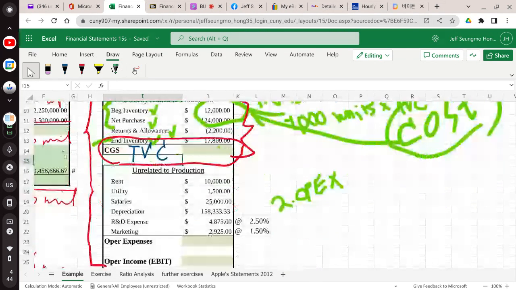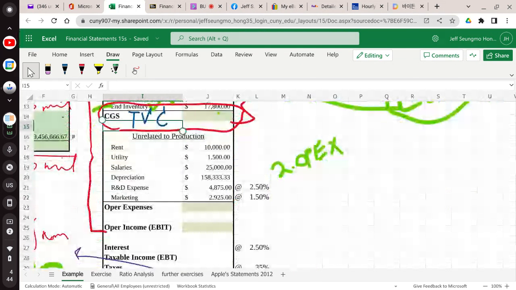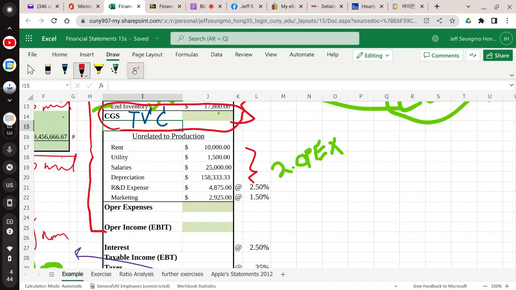Okay, and in this section of indirect cost, OPEX is the conclusion, right? However, there's nothing difficult about operating expenses because it's a sum of every line item.